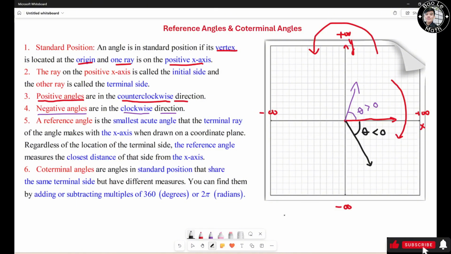Now next one, we know that if the terminal ray and the initial ray overlap, the angle is 0, right? If the terminal ray and the positive y-axis overlap, so for example, the terminal ray is right here, right?